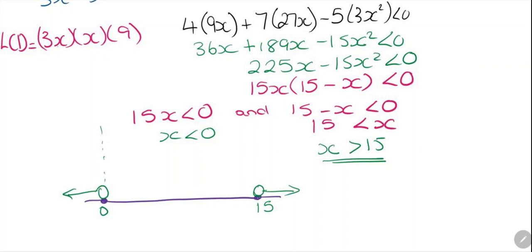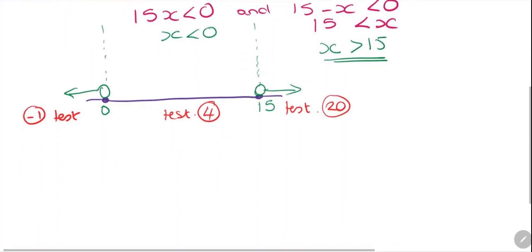So we need to test a value from each of the areas. So we need to choose a test value for here, a test value for here, and a test value for here. So I'm going to choose minus 1. And for this area, I'm going to choose 4. And for this area, I'm going to choose 20. So these are my values I'm going to use to test.